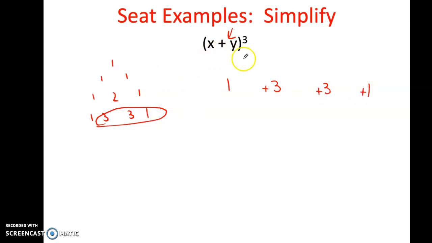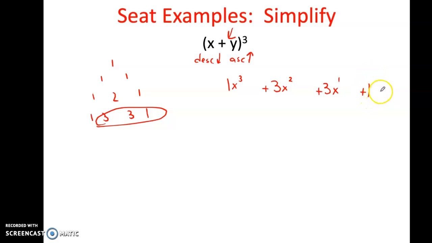Now, variables. You're going to go in descending order for the first term and ascending order, meaning you're going up, for the second term. So the first term is going to be 1x cubed, and this is really y to the 0, which is just 1. Now we're going to go down: x squared, x to the first, and x to the 0, which is 1.